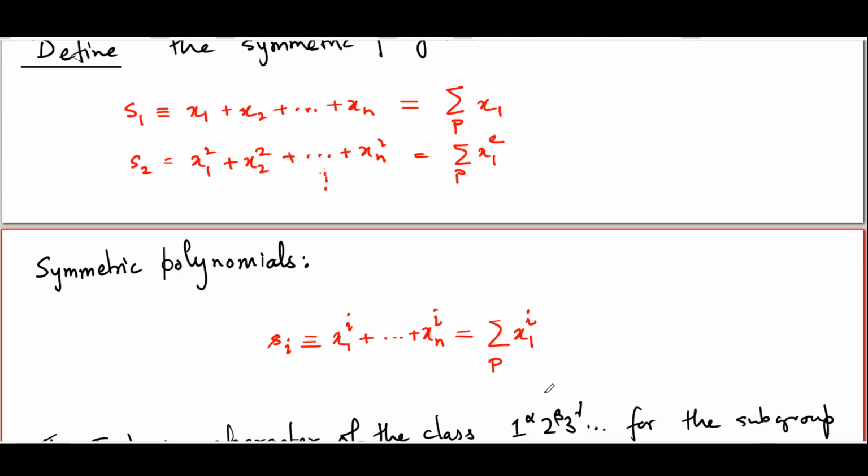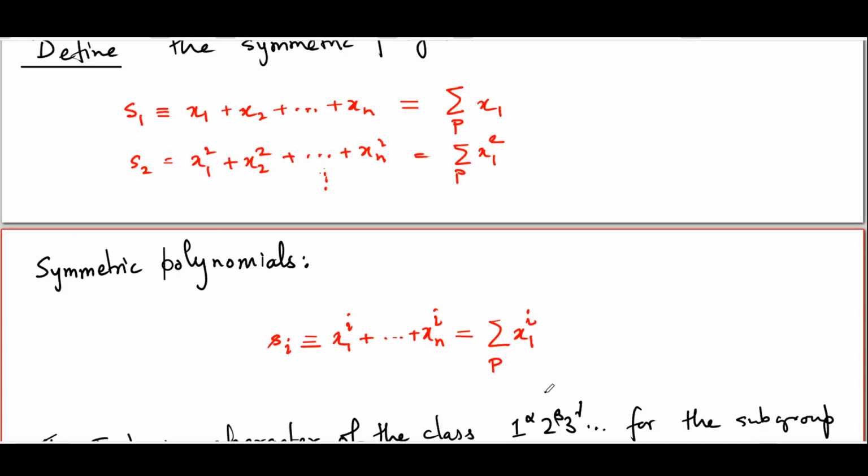I am saying that this is a sum over all permutations, but that is strictly speaking not really correct. I am not going to count the cases where the same thing occurs multiple number of times. After all, there are plenty of permutations which will leave, say, x1 unchanged. So, x1 will come not only once, but many times if you sum up over all possible permutations. We are not really doing that.